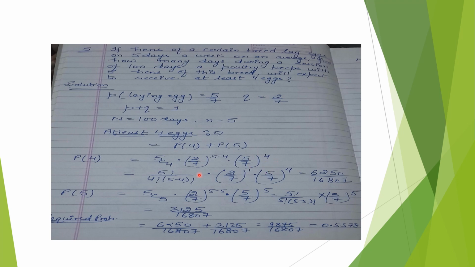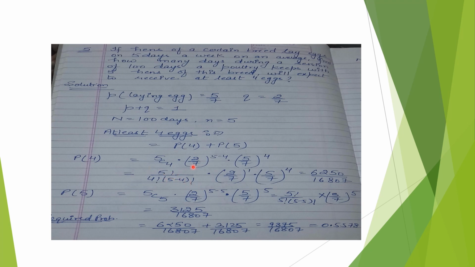So now solving it, by using the formula of combination, which is n factorial upon r factorial into n minus r factorial.